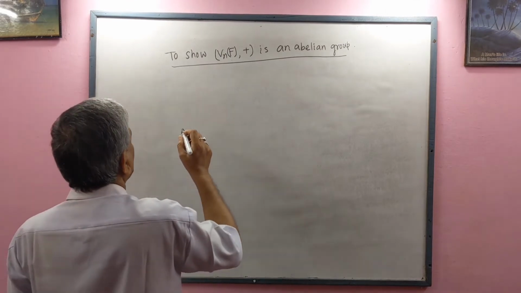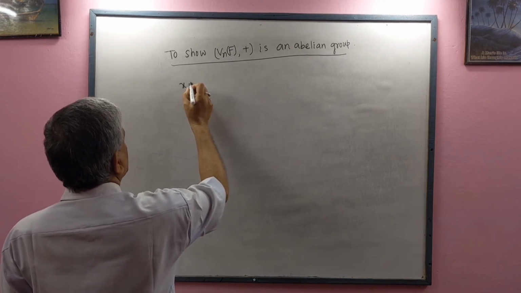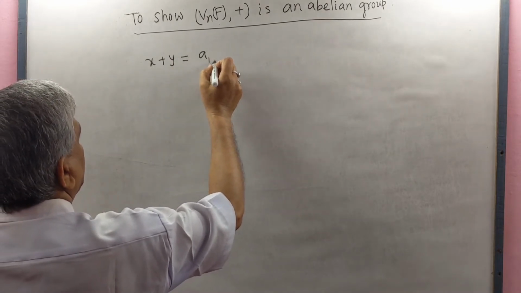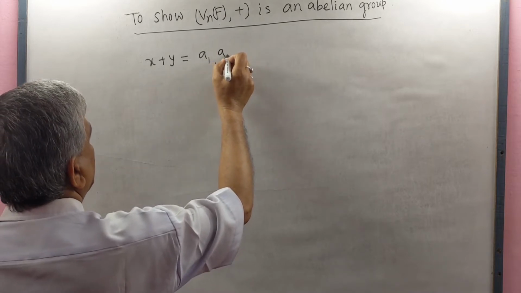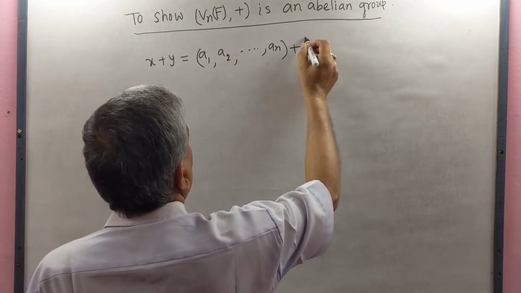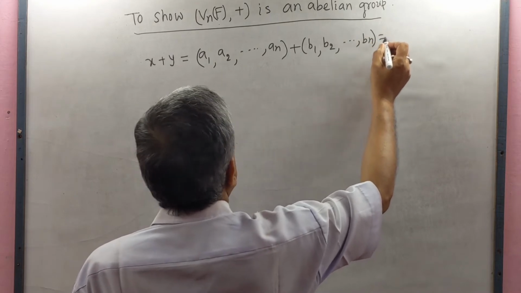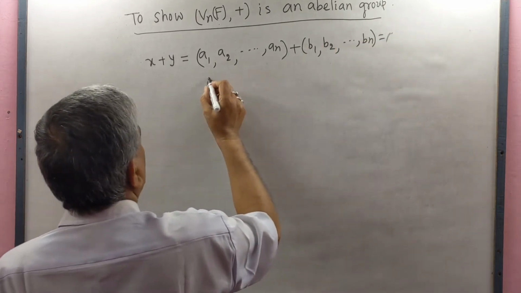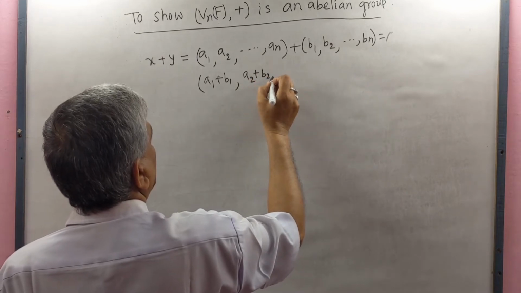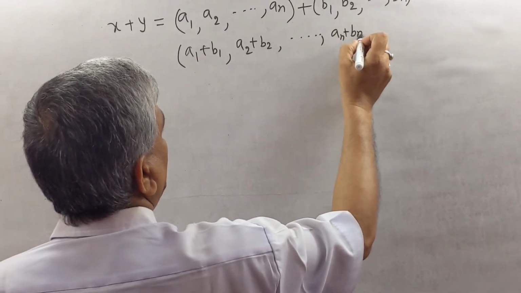Since by definition of addition of two vectors, we have got that x plus y equal to (a1, a2, ..., an) plus (b1, b2, ..., bn) equal to (a1 plus b1, a2 plus b2, ..., an plus bn).